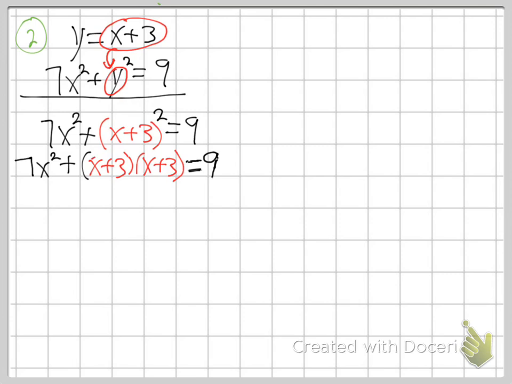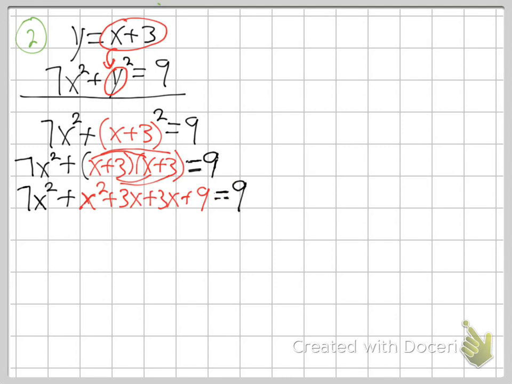So then this x, you've got to FOIL this. And so you'll get 7x squared plus, and then FOILing all that out, x squared plus 3x plus 3x plus 9 equals 9.